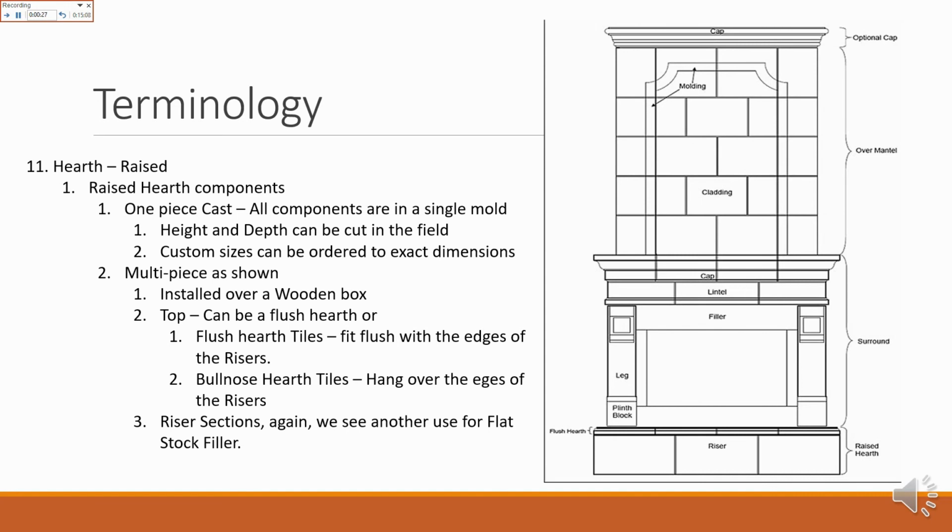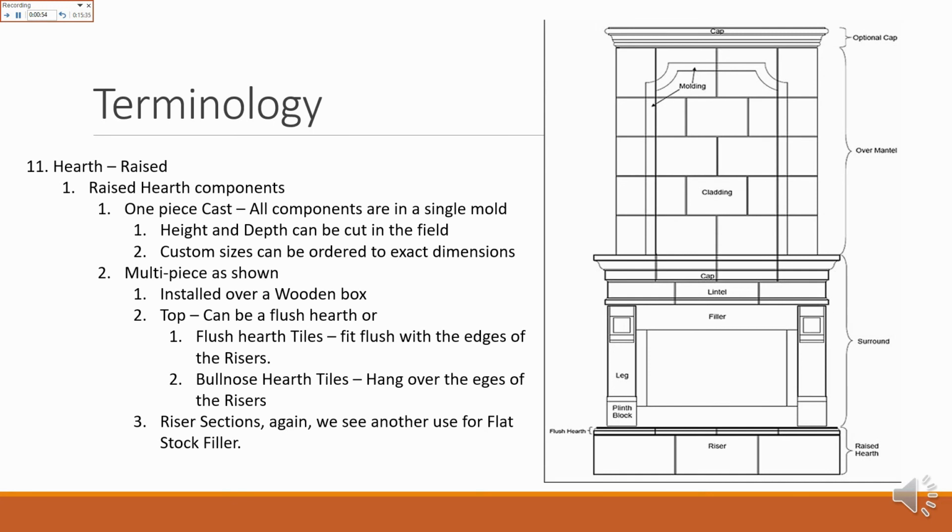You can order the specific sizes, and if it's too tall, you can cut them down in the field the same way you cut the flat stock, or you can cut the back off to make them less deep. There's also a mold which can be adjusted to produce a custom size, and those can be quite large. So you could order the exact height, the exact width, the exact depth that you want in a one-piece raised hearth.